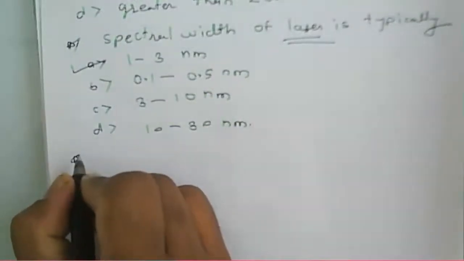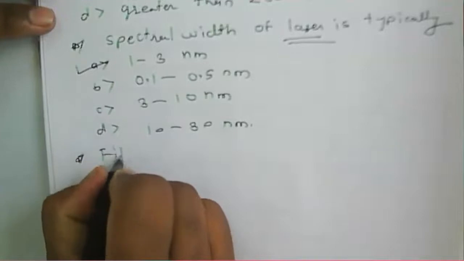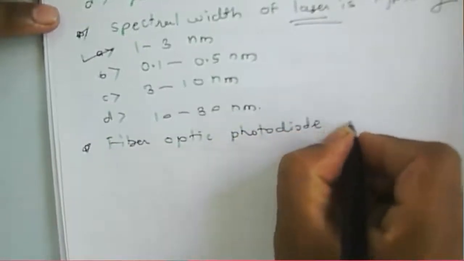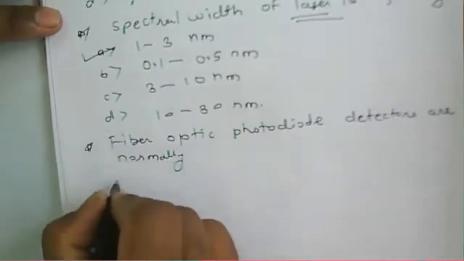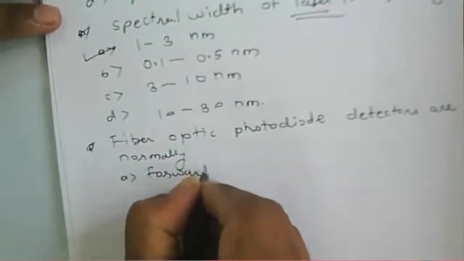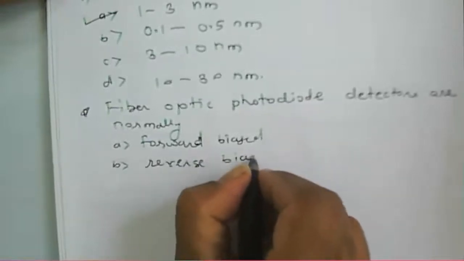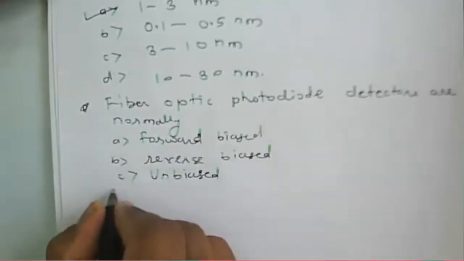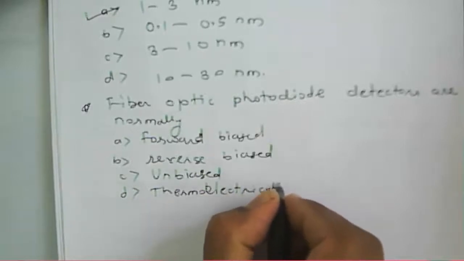Next, we will see that fiber optic photodiode detectors are normally: A, forward biased; B, reverse biased; C, unbiased; or D, thermoelectrically cooled.